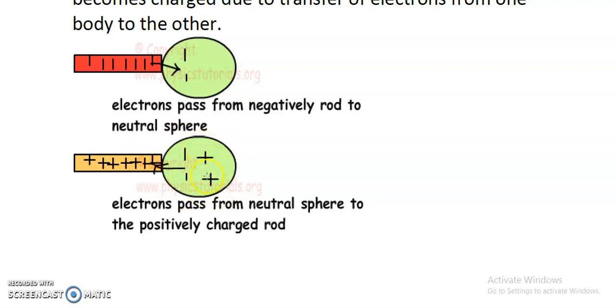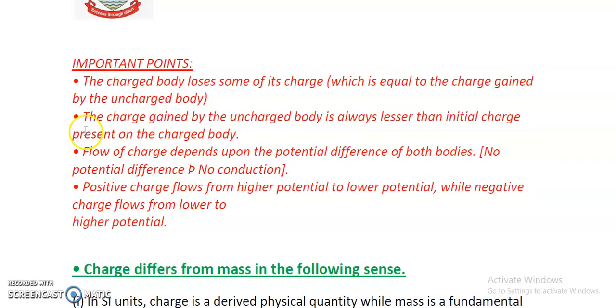So definitely this net charge will always be less than the initial charge present on this rod. Why initial charge? Because initially more positive charges were there. Now after being neutralized by these electrons, definitely the positive charges will reduce. So the initial charge present on this rod will always be greater than the charge present on this sphere after being charged. That is the meaning of this line: the charge gained by the uncharged body is always less than the initial charge present on the charged body.